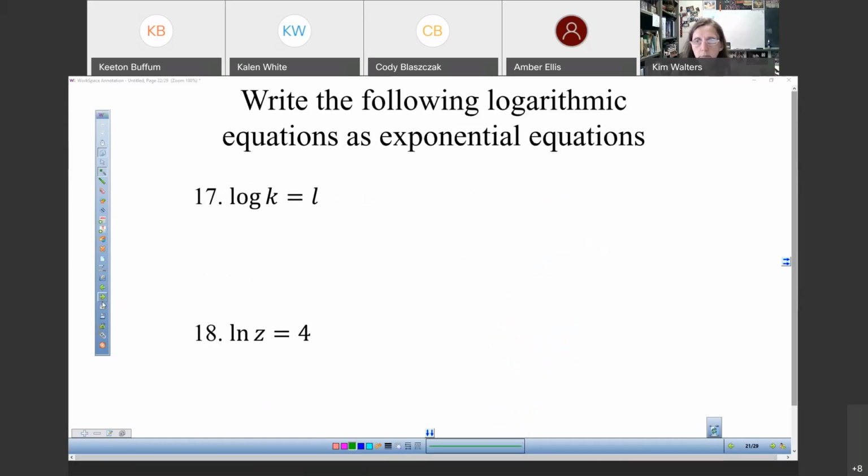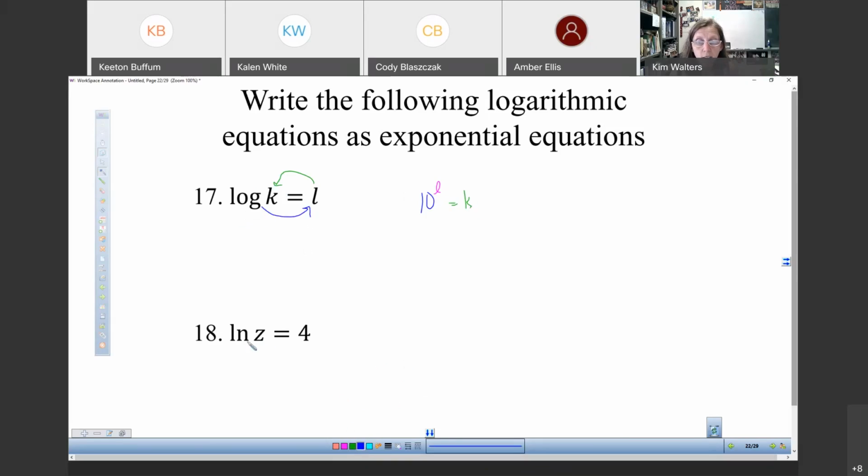All right. Same thing, just flip-flop this. My base for my exponent, this base is understood to be 10, right? So it's going to be 10 to the power of L is equal to K. Remember, 10 understood to this power is equal to this number.